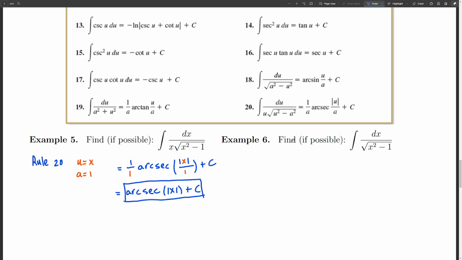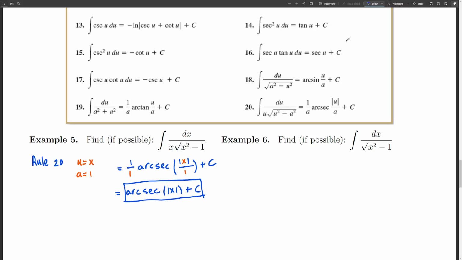Now, for example 6, we're asked to find the antiderivative of 1 over square root of x squared minus 1. So when you look at this, you may say, okay, I don't see the variable in front of it here, but I do see the square root and I see the difference of two squares.